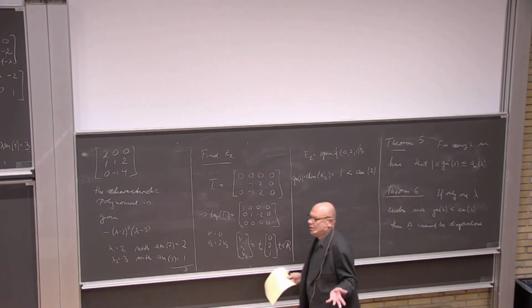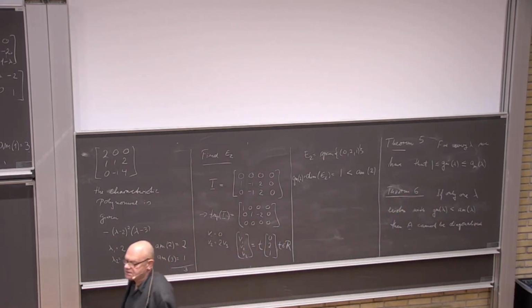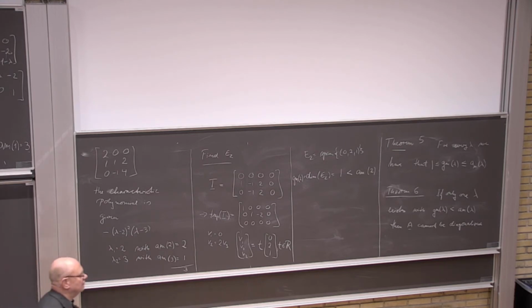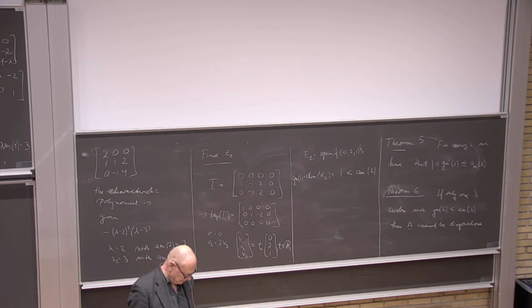That is, if you are asked to find out whether a matrix can be diagonalized, you take the eigenvalues and count the algebraic multiplicity, and whenever that is greater than 1, you check the geometric multiplicity. And if you find one where this is the case, then you can answer your question in the negative.